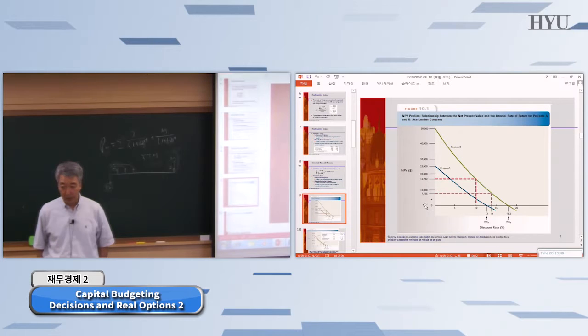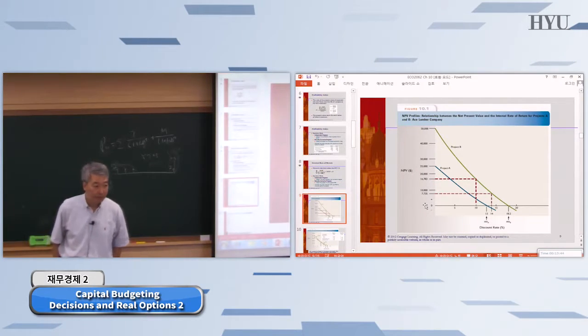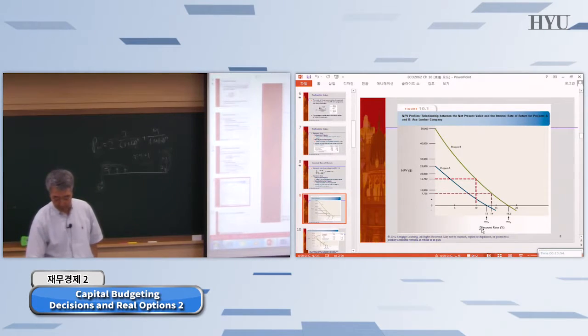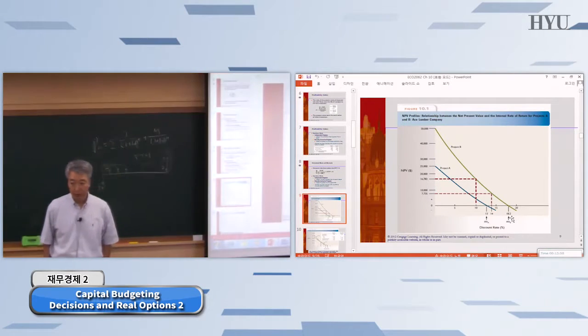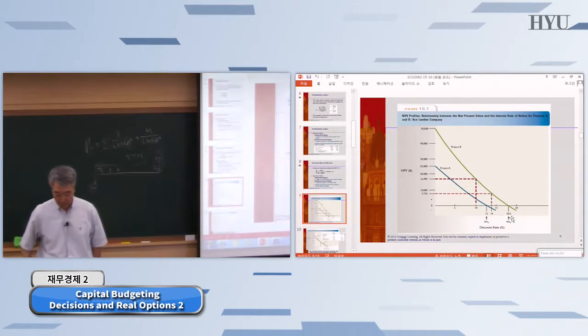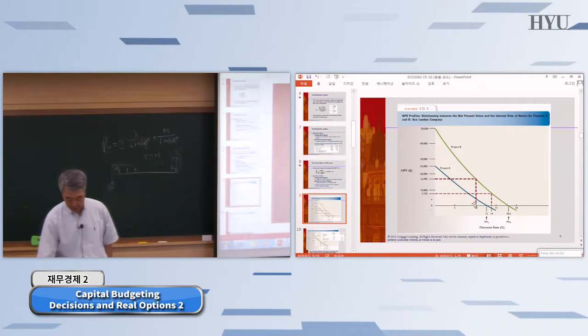If the cost of capital happens to be 15%, then what's the story? Then you should accept only B, because for project B, the internal rate of return is 18.2%. So it makes sense to invest in that project, but not in project A.